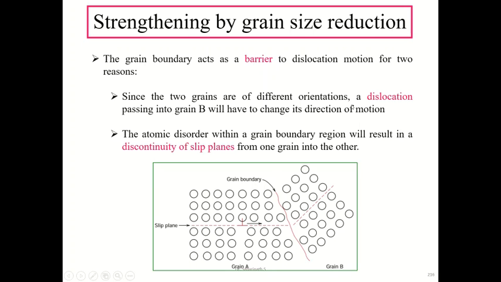Next, the atomic disorder within a grain boundary region will result in a discontinuity of slip planes from one grain into another. So these are the two reasons for which the grain boundary acts as a barrier to dislocation motion.